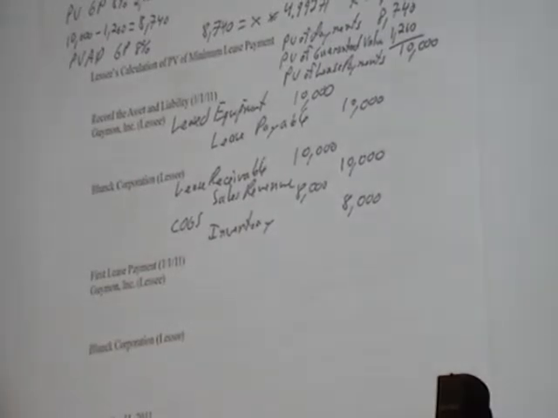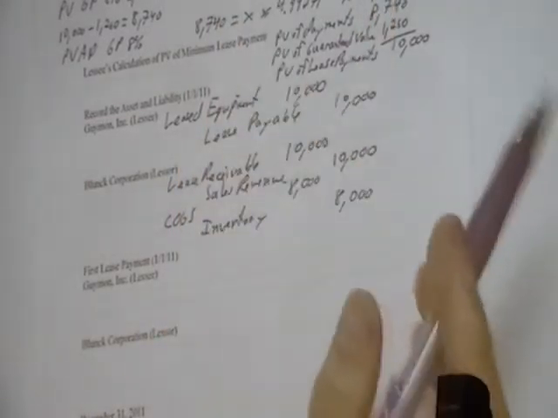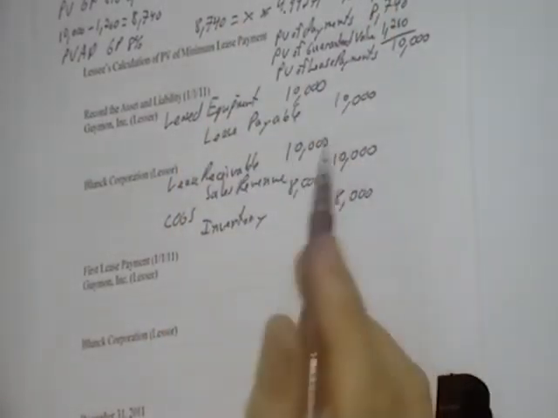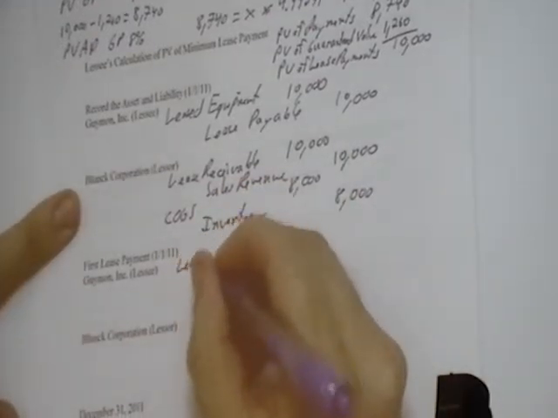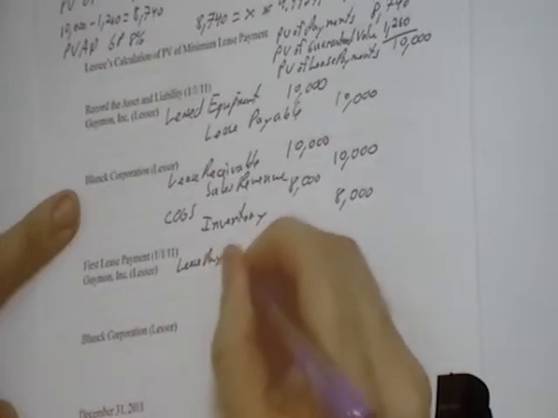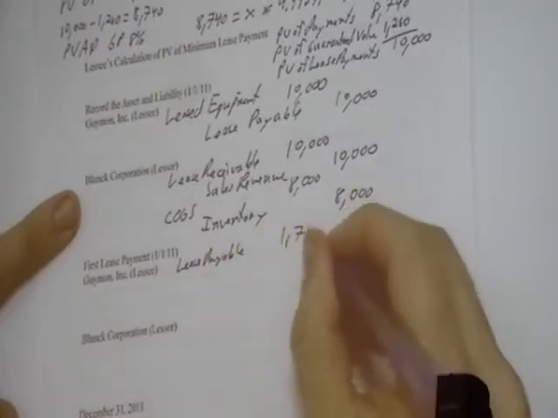Okay. All right, same date, so all this is the same date so far. So this is the journal entries for the asset and the liability. This is the first payment, happens on the same date, this X right here, which is going to be 1,751 in cash. And so for the lessee, they're going to reduce their lease payable by 1,751.